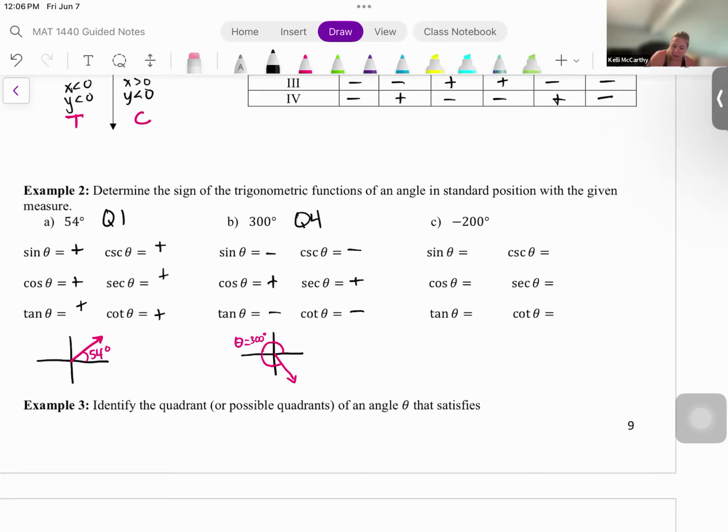An angle of negative 200 degrees. Again, we're starting in standard position, at that positive x-axis, but a negative angle we're going to measure going clockwise. So starting from the positive x-axis, here's negative 90, negative 180. If I go to that positive y-axis, that's going to be negative 270 degrees, and I'm not quite there. So I'm going to be somewhere in here.